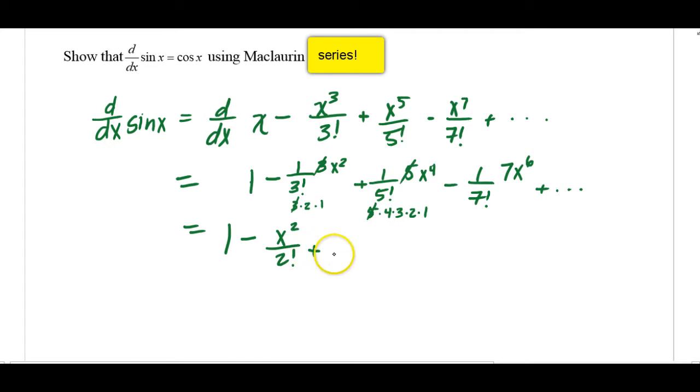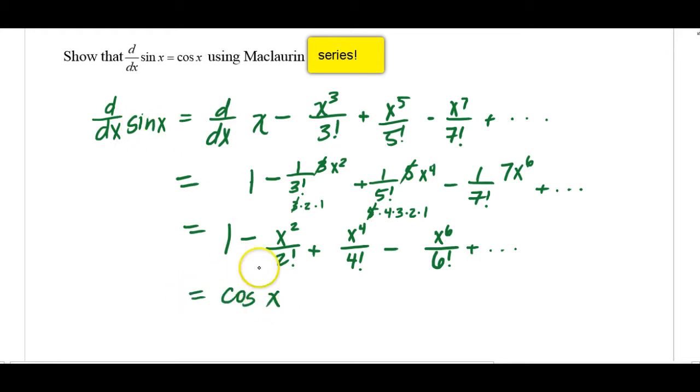So what I have left in the denominator is a 4 factorial, and on the top I have x to the 4th. So now hopefully you can see the pattern that this 7 factorial will turn into a 6 factorial because the 7's will cancel, and then I have my x to the 6th on the top. So there's my alternating representation of the cosine Taylor series.